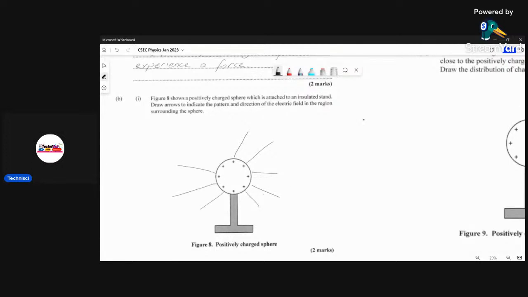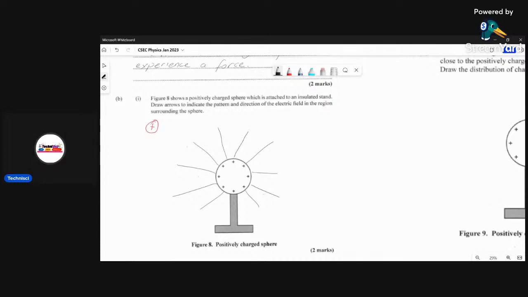Now, we determine the direction of the field. I usually just tell my kids, if you can't remember, just draw a little positive charge. The direction of the field is determined by the direction a positive point charge would go if it's placed in that area.